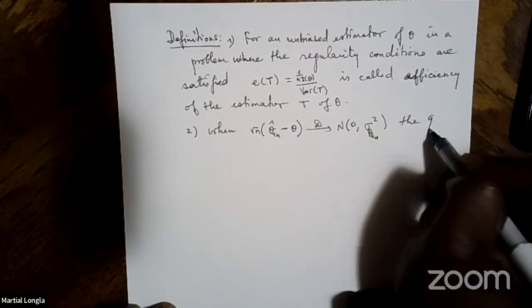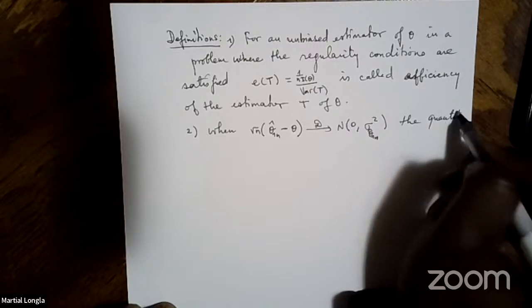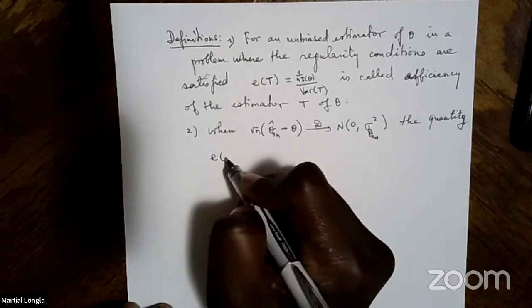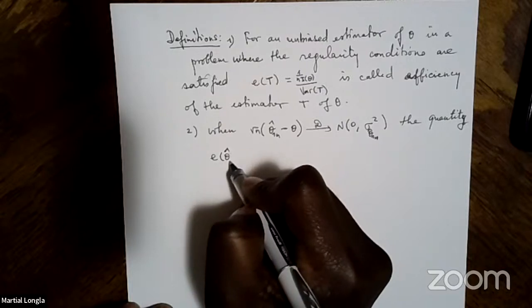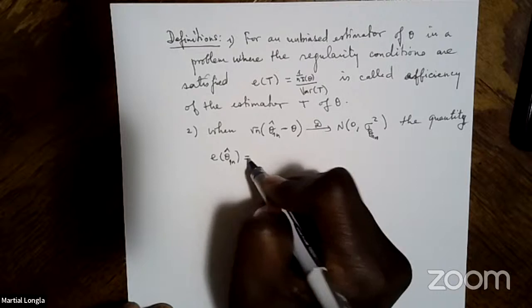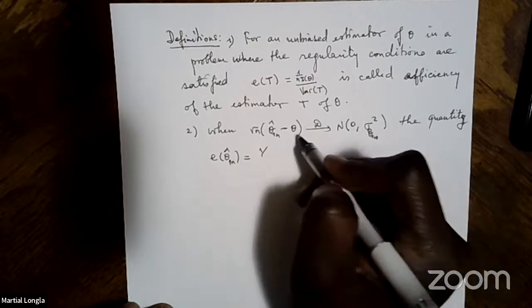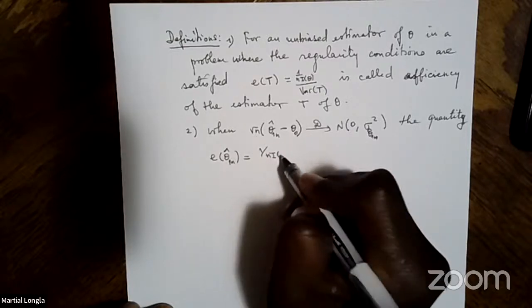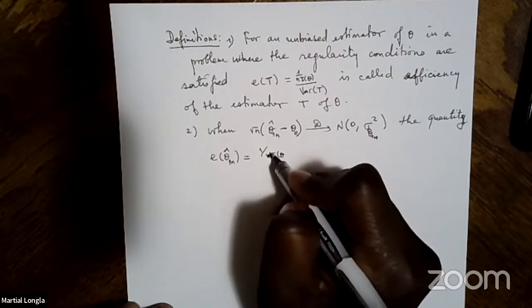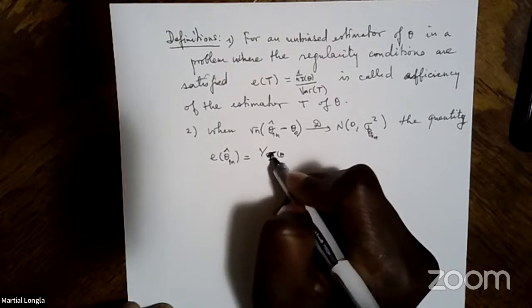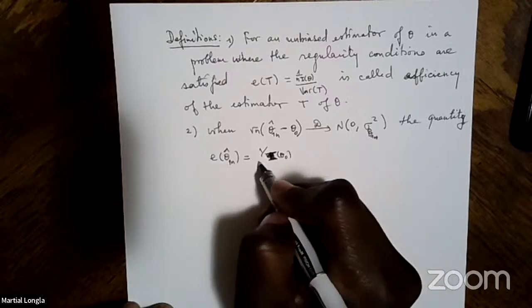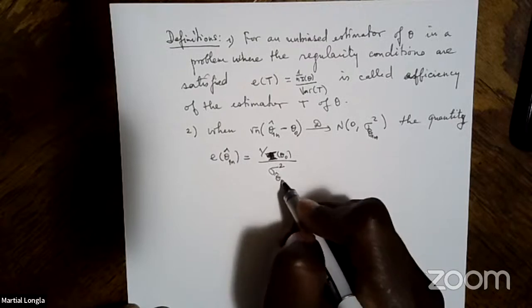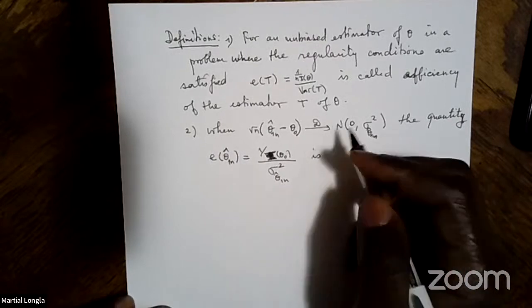The quantity 1 over I of theta 0 divided by that variance that you have there is called the asymptotic efficiency.